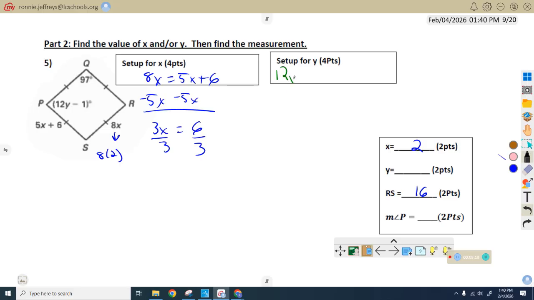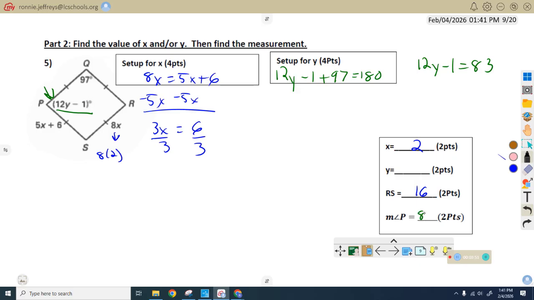All right, remember, you're supposed to be checking your work for stuff that you have already done. Now, that's one way to set it up. Does anybody know another way to set this up and you still get the right answer? Yes, we could take this expression and set it equal to 83 because 83 is what this has to be for them to be supplementary.